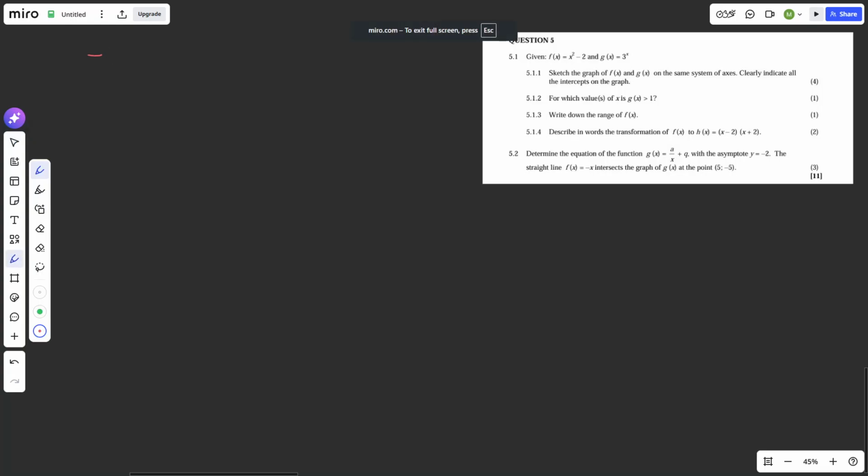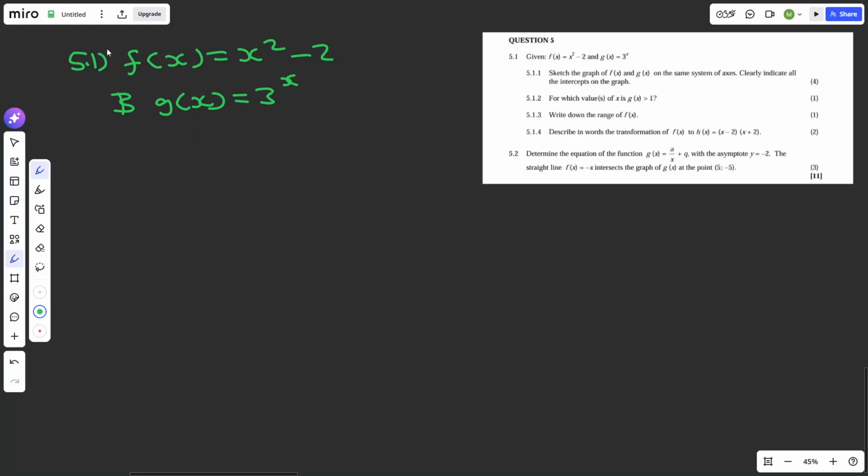These two functions are defined as f of x is equal to x squared minus 2, and the other function is g of x, which is 3 to the power of x. So we've got two functions, right? One is a parabola and the other one is an exponential function. So let us look at the questions that follow.